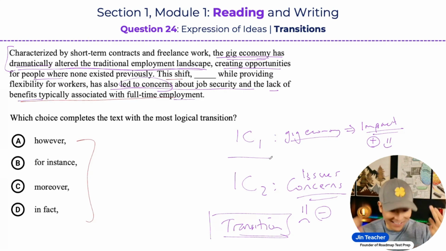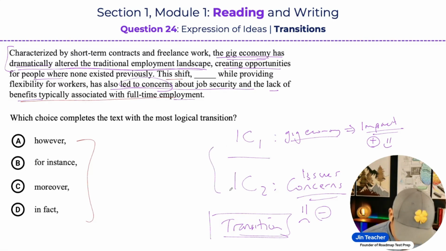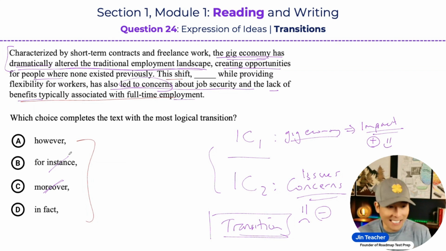And with this contrasting relationship, we don't want to use words like moreover, because moreover is the opposite of a contrast. Moreover continues the information. Same thing with for instance, or an example, which will also continue the relationship by giving you a specific example of the previous point.